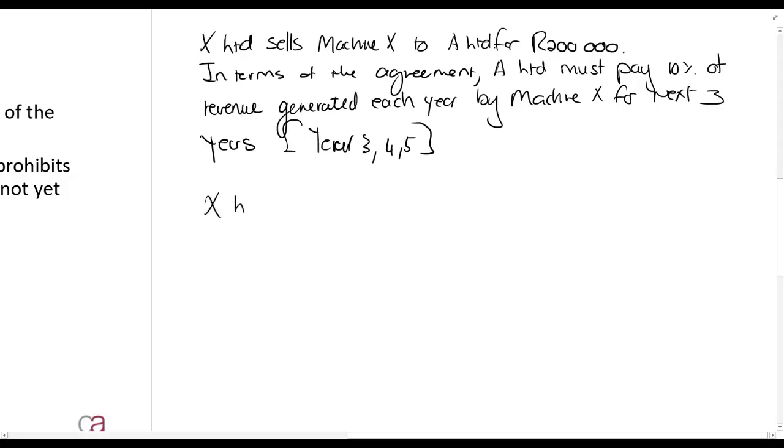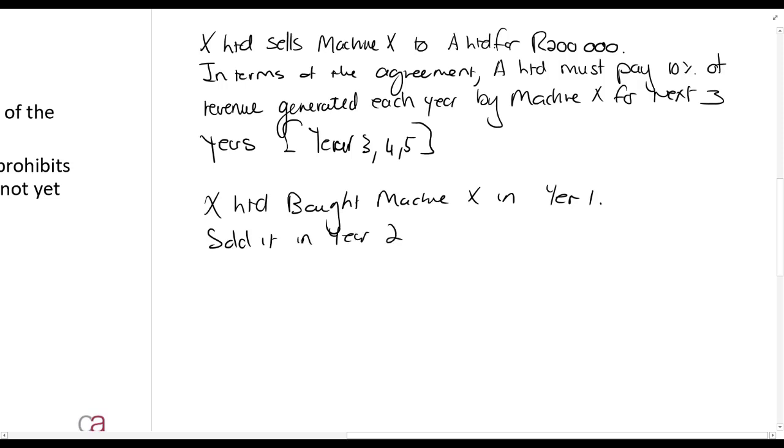So X Limited bought machine X in year 1 and sold it in year 2. What I want you to see is that when X Limited sells this asset, they'll do a normal calculation.